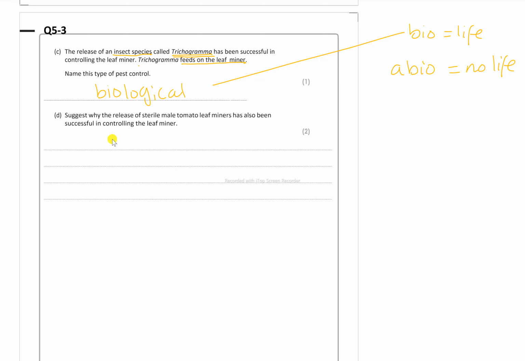Right, if it's sterile, that means there's no sperm or it's defective. No sperm produced. So there's fewer eggs fertilized.